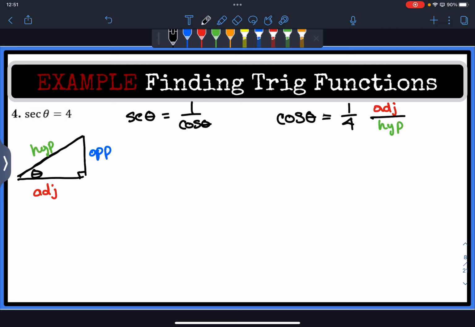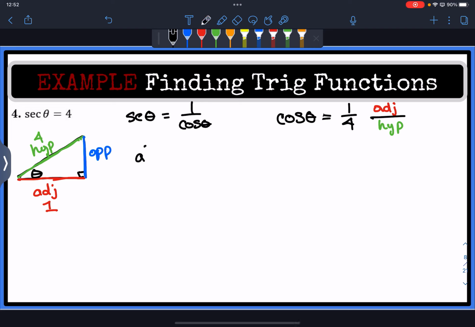So we are given again that the adjacent side is 1, so this side over here measures 1. The hypotenuse measures 4, so this side over here measures 4. And all I'm missing is to figure out, again, the opposite side.